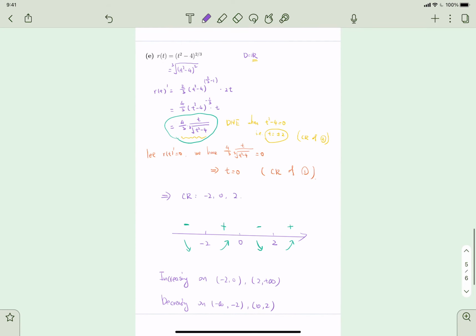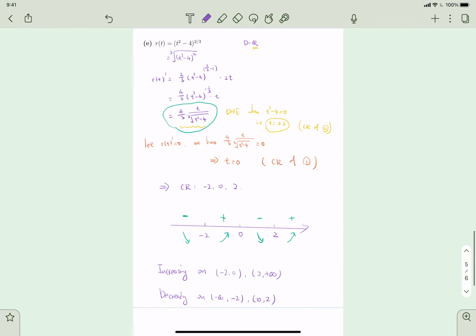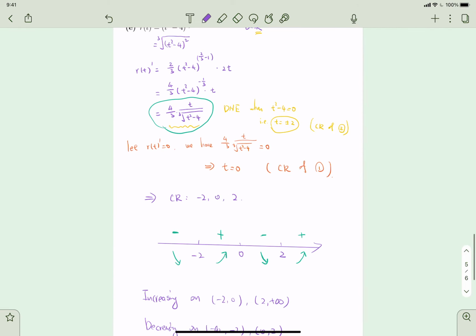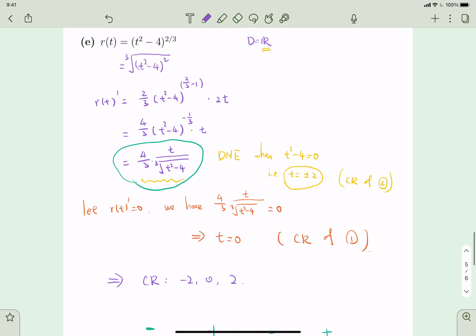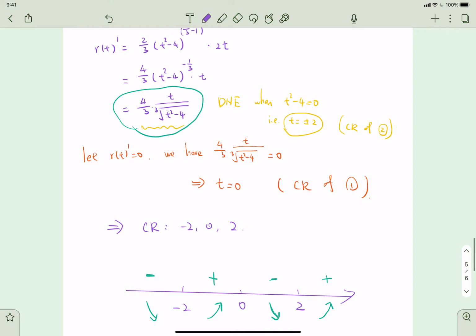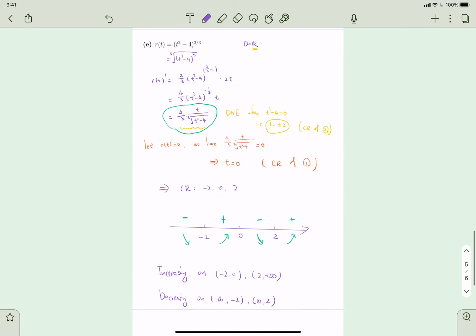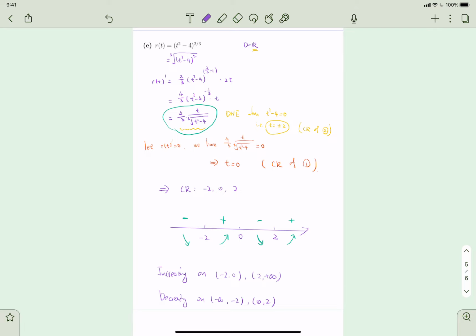So it's a little bit more complicated than the previous questions, but it's nothing more than doing the derivative, figuring out the first type and the second type of critical numbers. And it's a little bit tricky to determine the sign, but you have a calculator, you can just plug in to do the computation. Okay, so that is our question E.